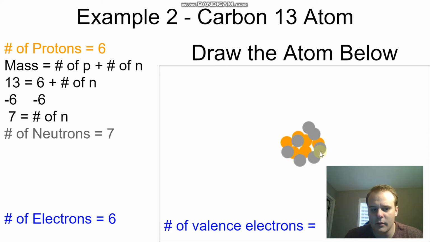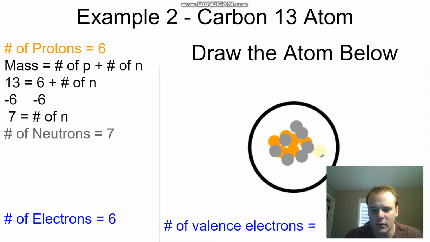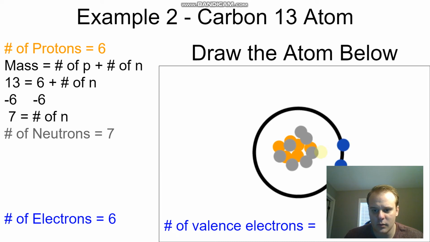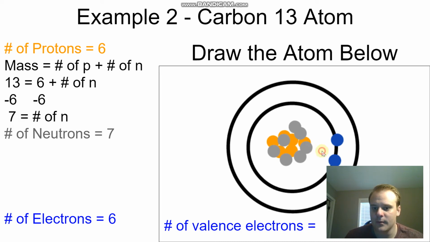Okay, then we will add our first orbital. Recall that the first orbital can hold 2 electrons. So we'll fill in those 2 electrons. 1, 2. Okay, now this orbital is full. So now we're going to have to start adding to the second orbital. Recall that this orbital can hold up to 8 electrons.